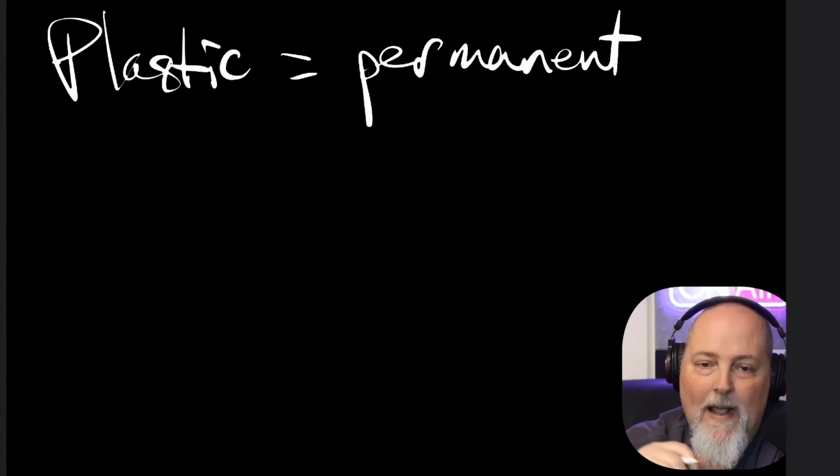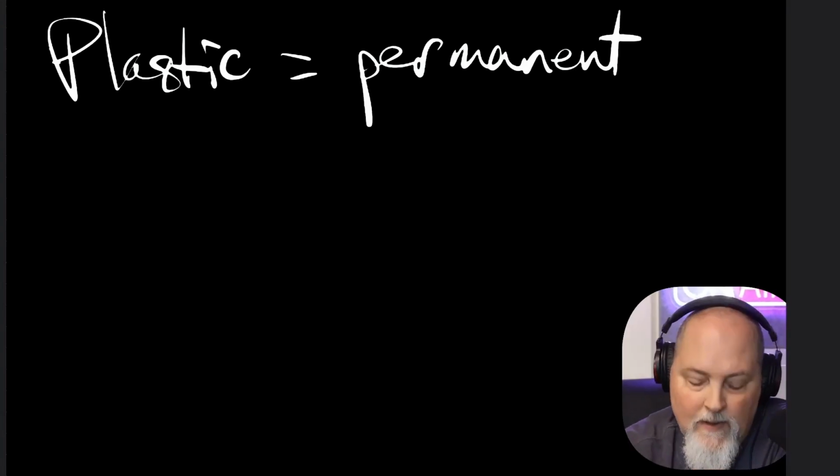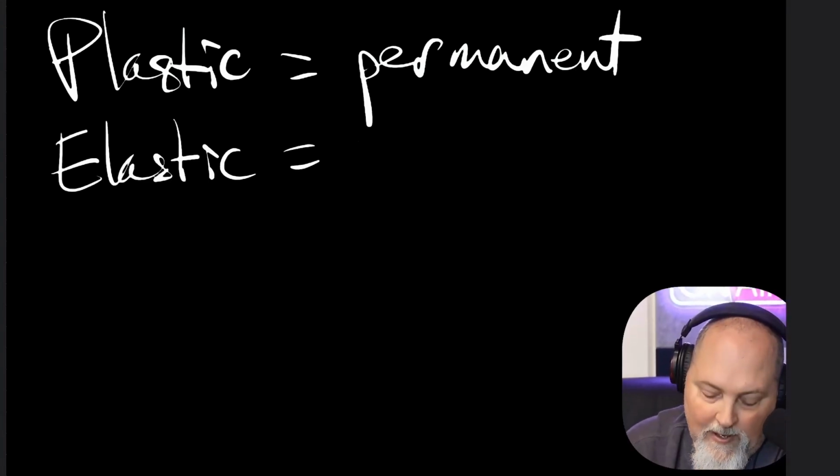If one time it gets pulled to the point where it has plastic deformation, that elasticity doesn't recover. So plastic is permanent, elastic is reversible, temporary.